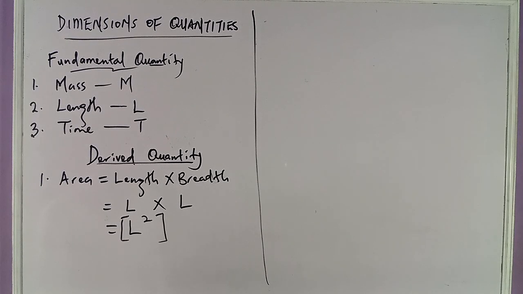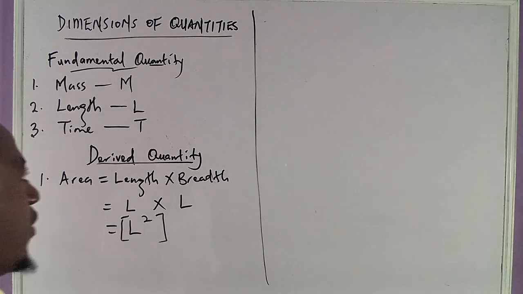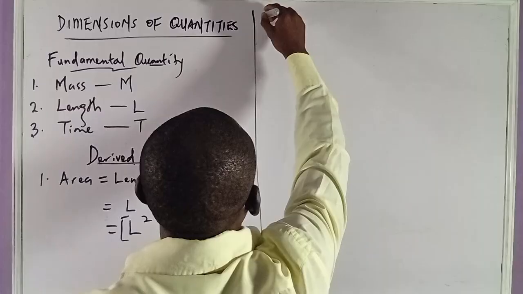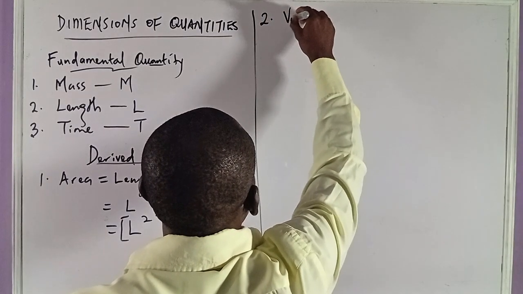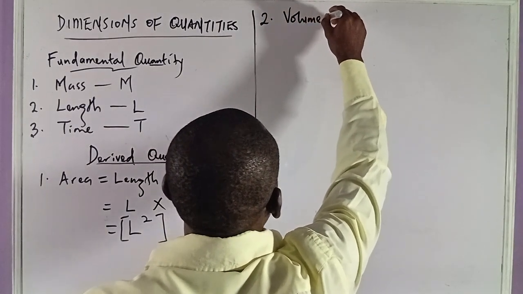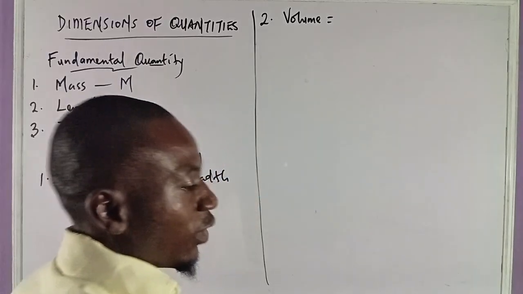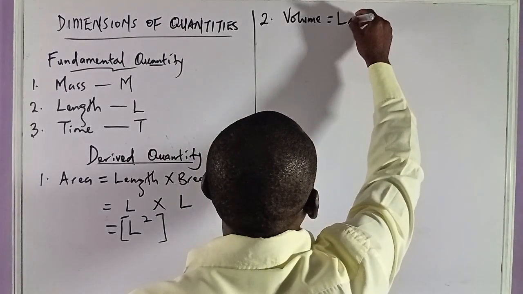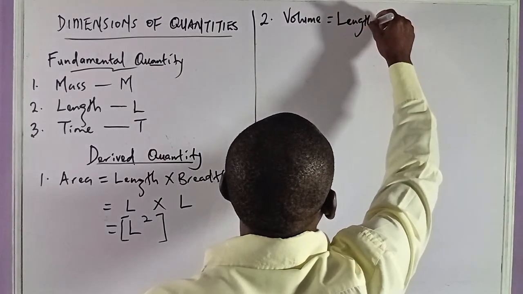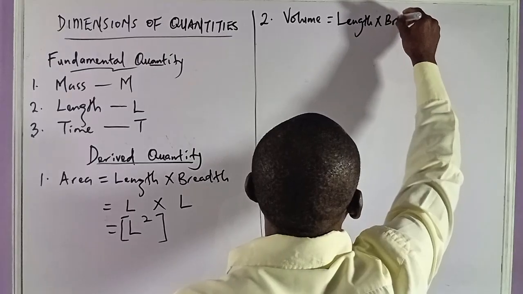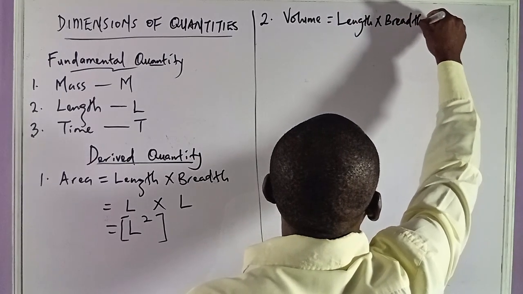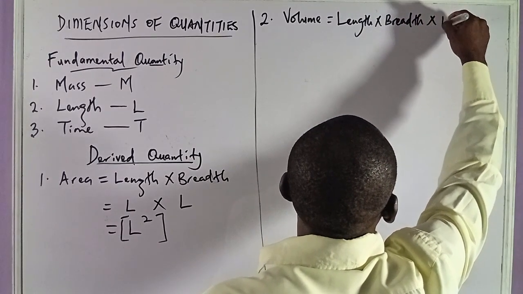The second quantity we'll be talking about is volume. The formula for calculating the volume is length multiplied by the breadth multiplied by the height.